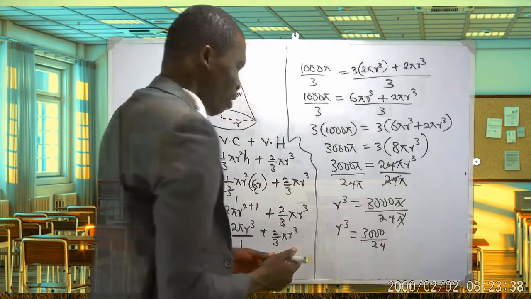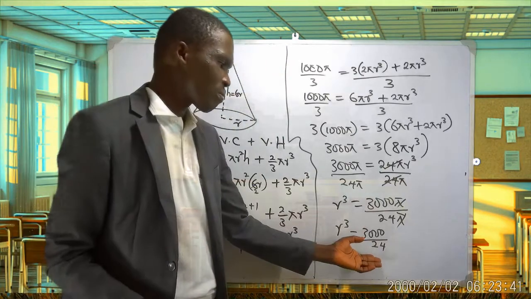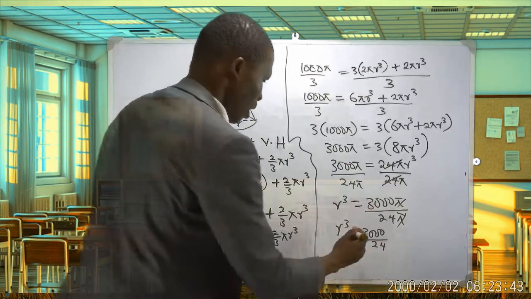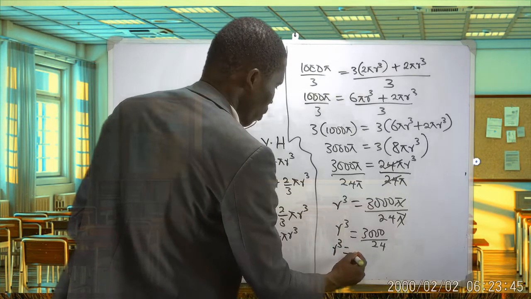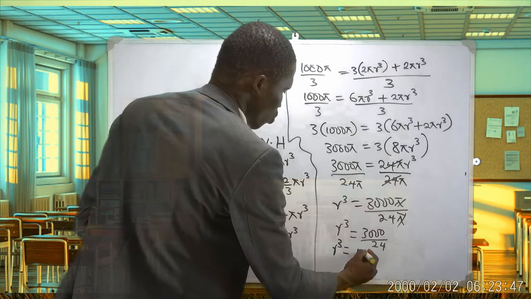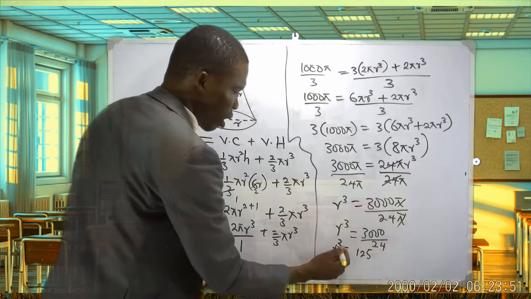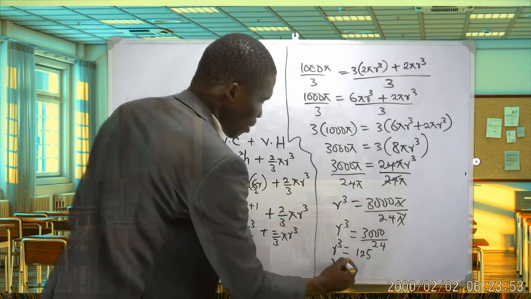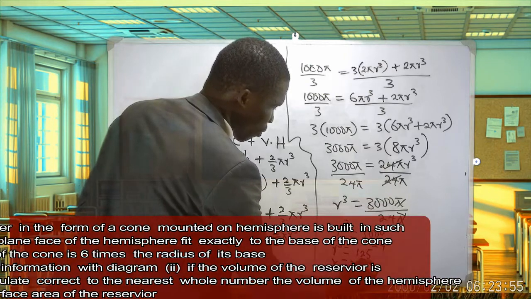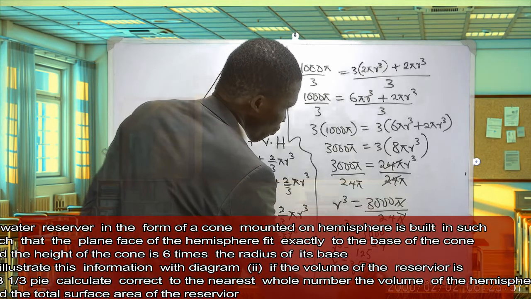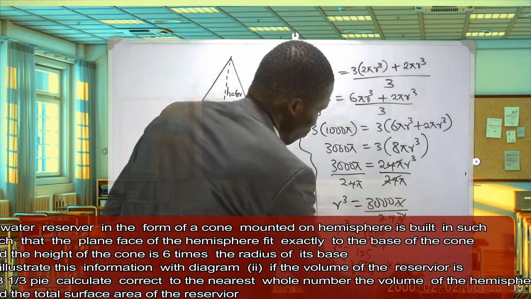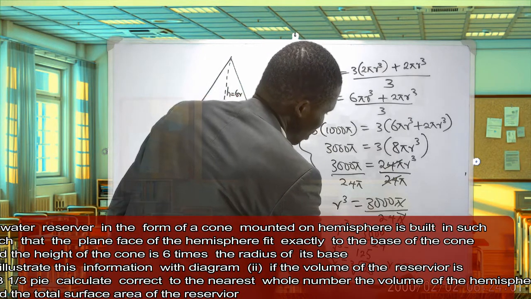From here we can divide this, and when we divide this, r cube will give us 125. So find the cube root: r will give us the cube root of 125, so r will give us 5 centimeters.